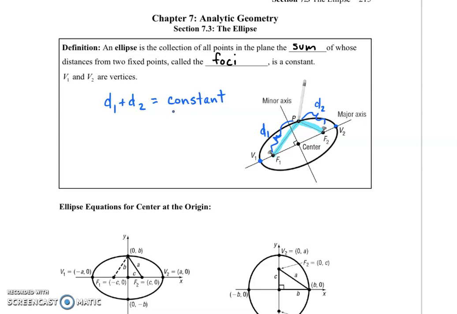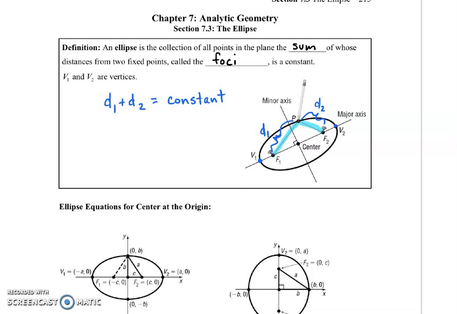That constant can change, but no matter where we are on the ellipse, that is still true. The two distances, if we add them together, never change. So you can see the string has to have a little play.